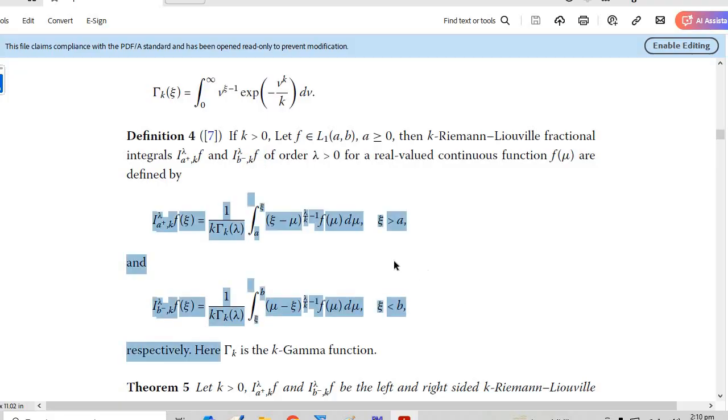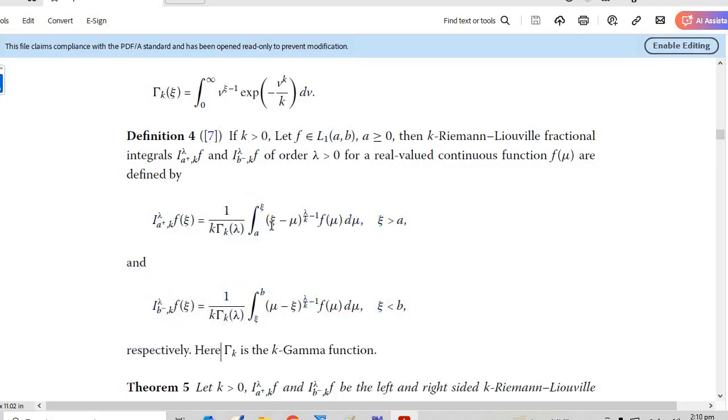The upper one is called the left-sided Riemann-Liouville k fractional integral, and the lower one is the right-sided k Riemann-Liouville fractional integral. For the particular value k equal to 1, you get the classical definition of the Riemann-Liouville fractional integrals, which we have already discussed in the class.